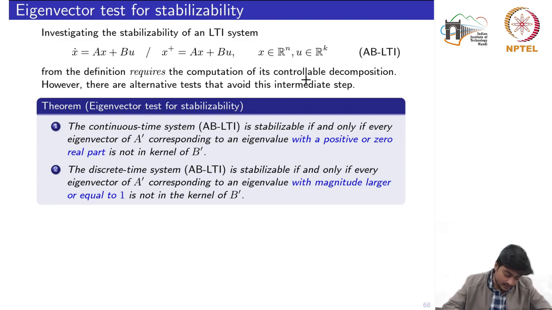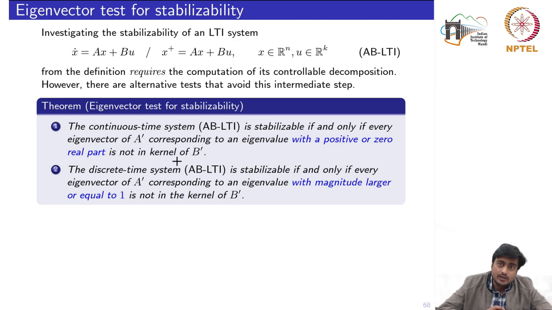So this result says that the continuous time system, or the pair (A, B) of the LTI system, is stabilizable if and only if every eigenvector of A transpose corresponding to an eigenvalue with a positive or zero real part is not in the kernel of B transpose.